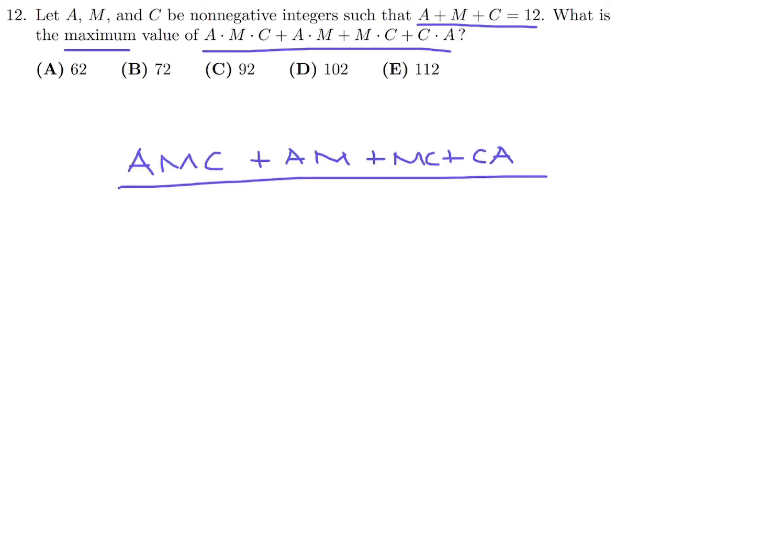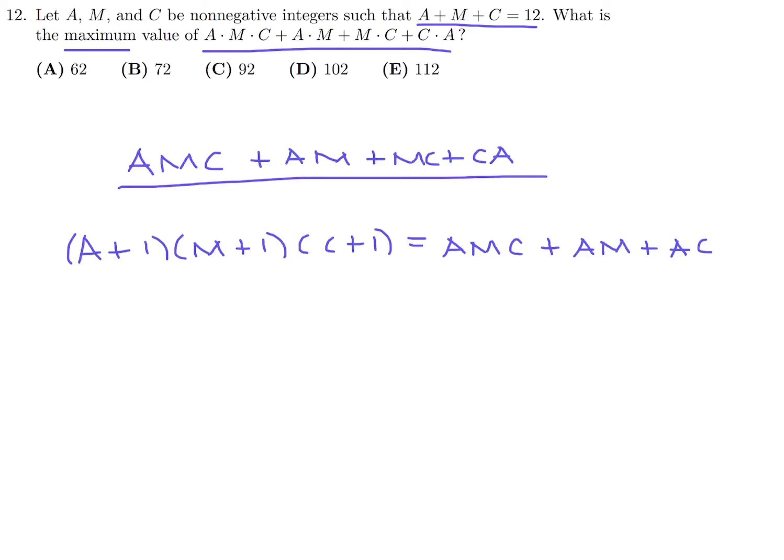And what it reminds me of perhaps is a plus 1 times m plus 1 times c plus 1. And if I multiply all this out, I'm going to get amc plus am plus ac plus mc plus a plus m plus c plus 1.